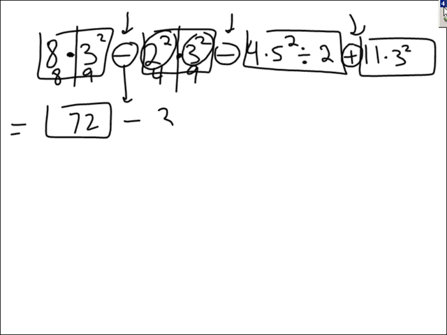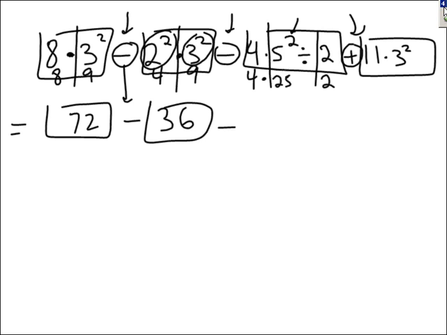That is 4 times 9, or 36. Minus 4 times 5 squared divided by 2. Well, 4 is 4. 5 times itself 2 times. 5 times 5, 25. 2 is 2. So it's 4 times 25, which is 100, divided by 2 is 50.